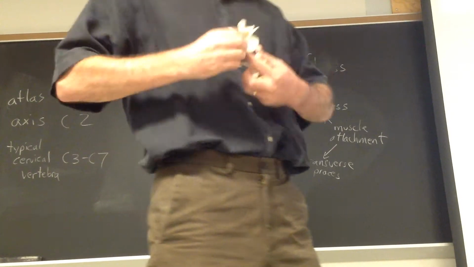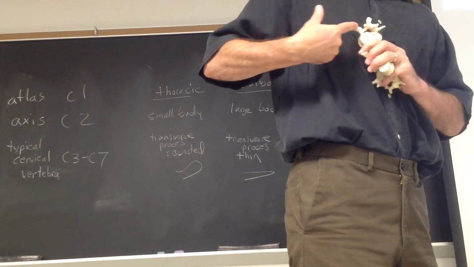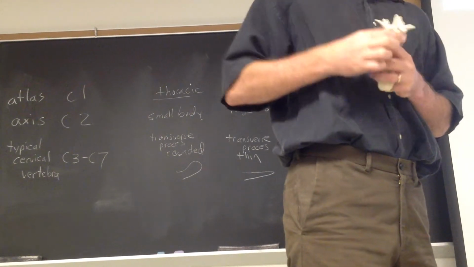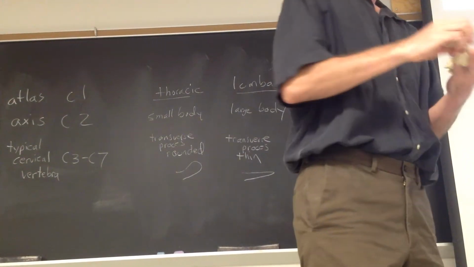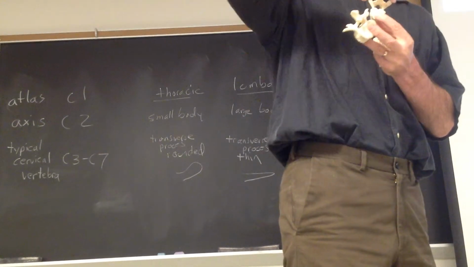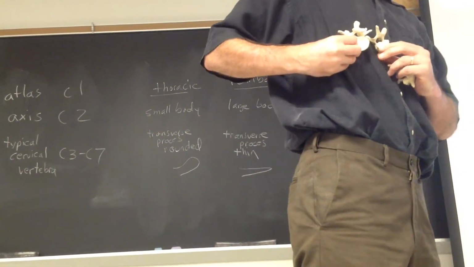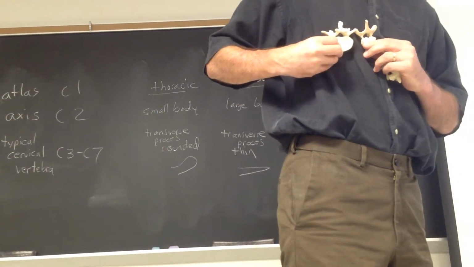Here's a lumbar vertebra up against my dark shirt. I intentionally wore a dark shirt today for this. We have very thin, blade-like ones sticking out the side. In a thoracic vertebra, what we have are very rounded knobs, and they kind of project upwards. See, there are very different anatomies with these.